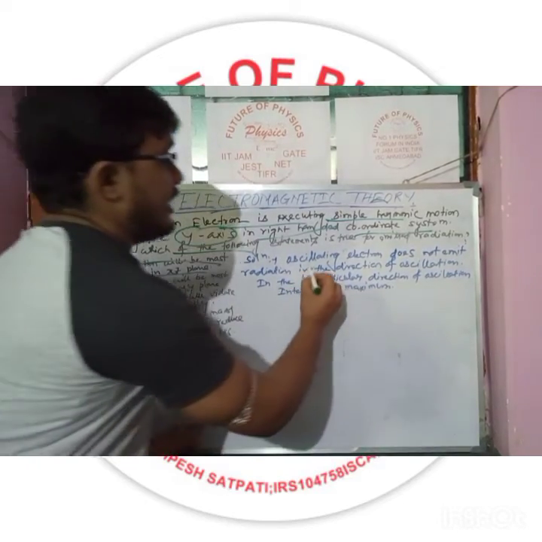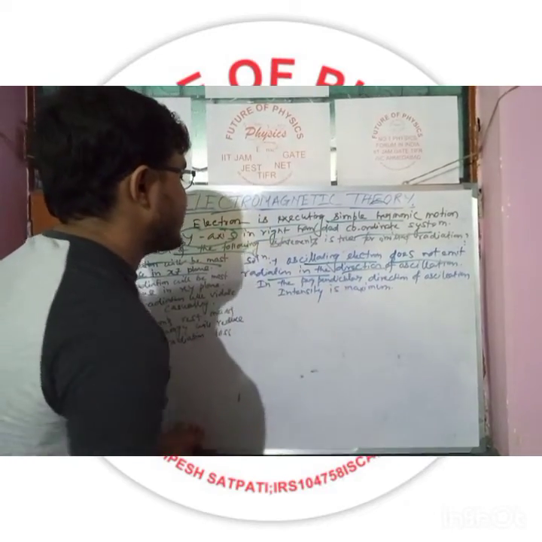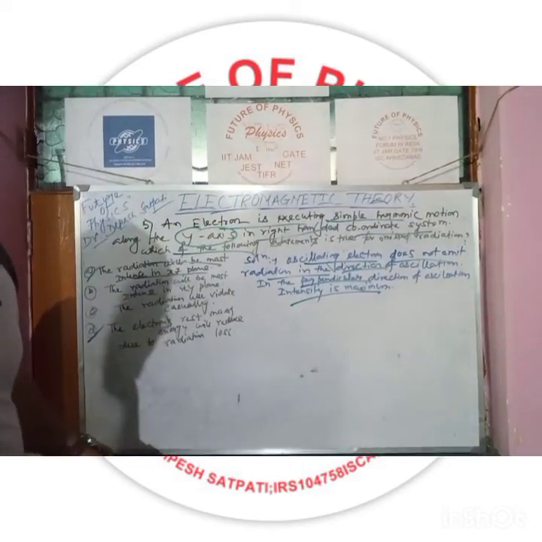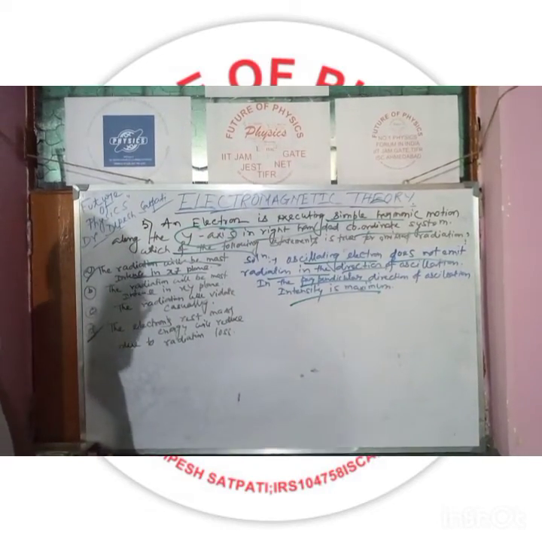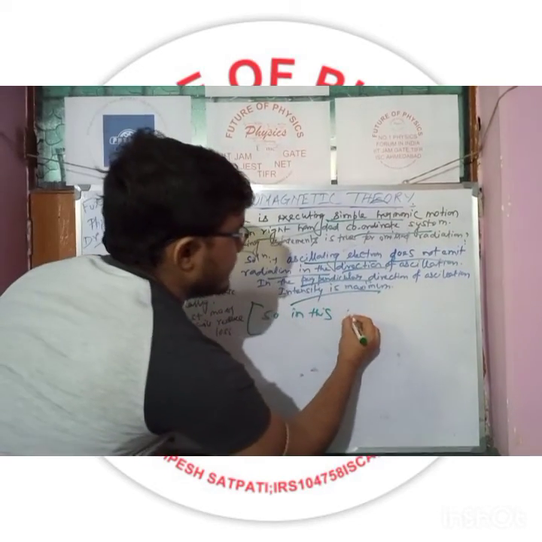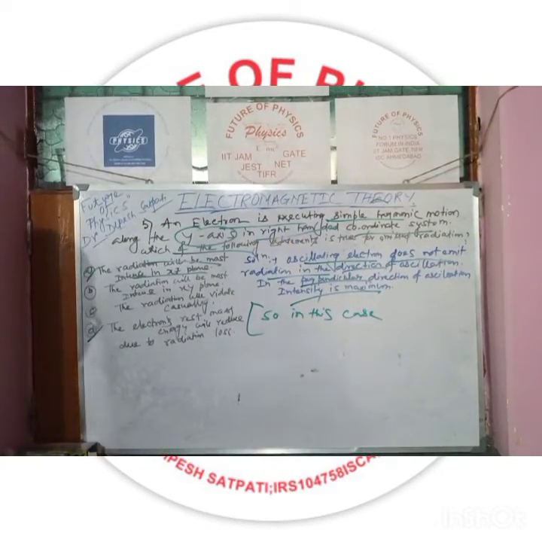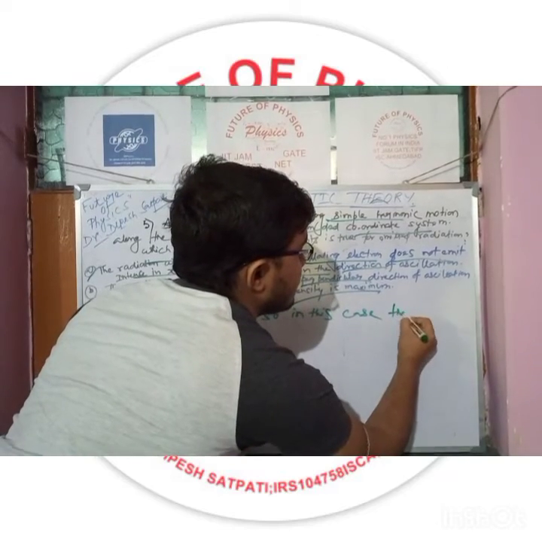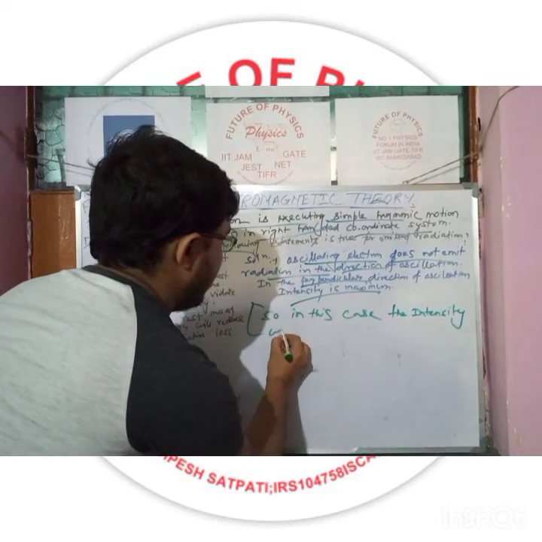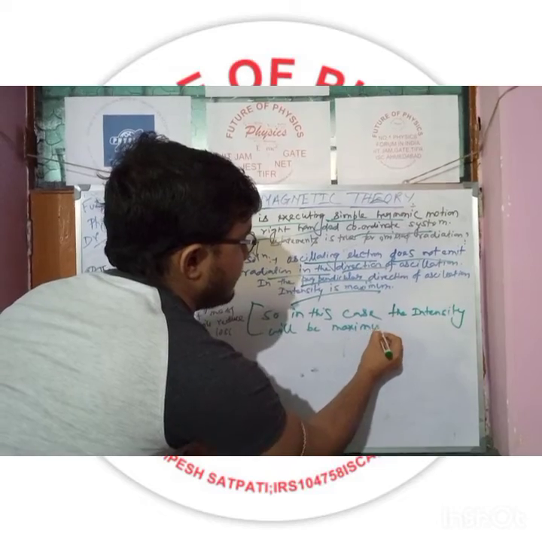Solution: an oscillating electron does not emit radiation in the direction of oscillation. In the perpendicular direction of oscillation, the intensity is maximum.